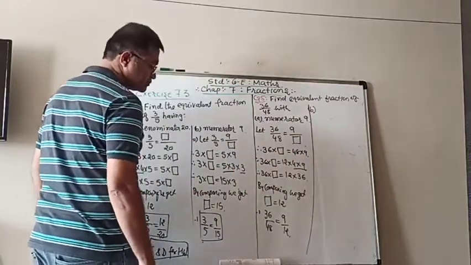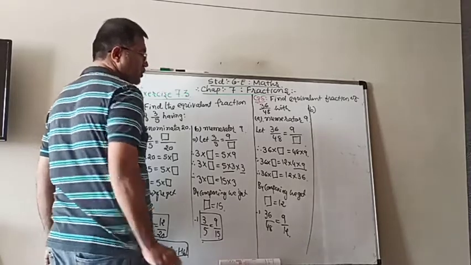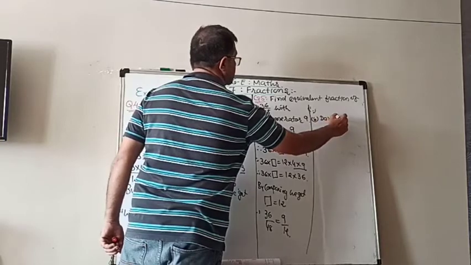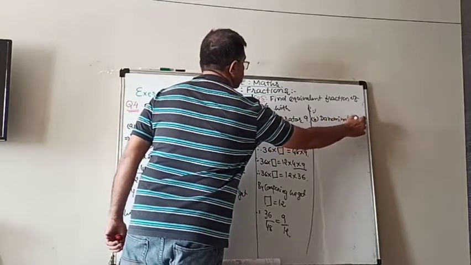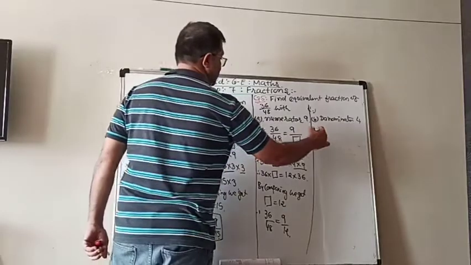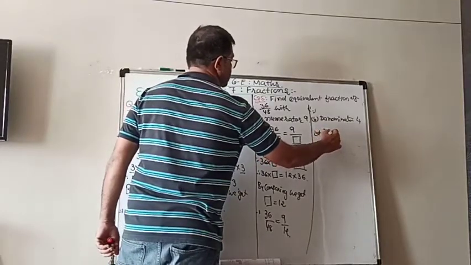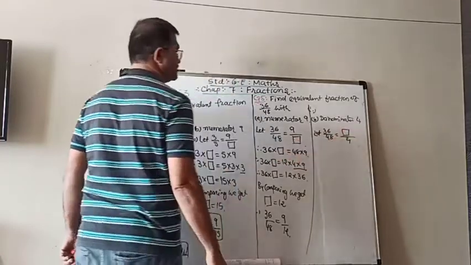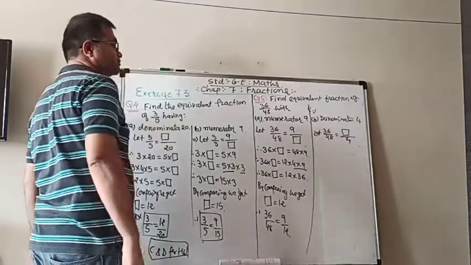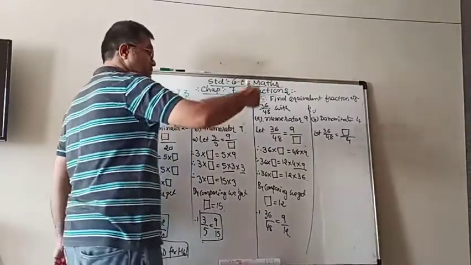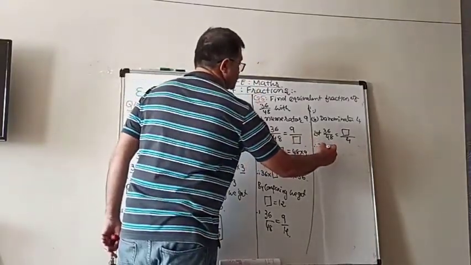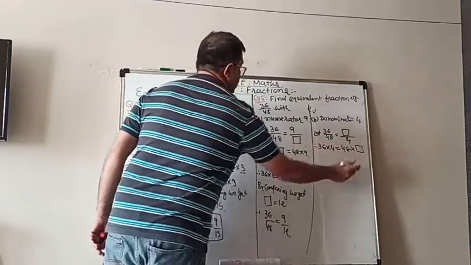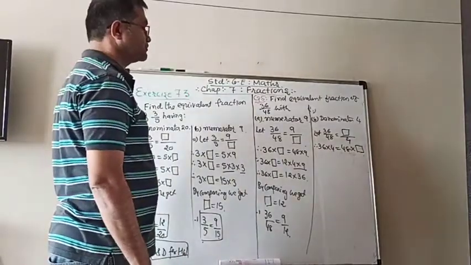Second one, B. B has denominator 4. So now denominator we have to take as 4. So let 36 upon 48 equal to box upon 4, the box will be there on the numerator. So now same thing, we have to do the cross. So 36 multiplied by 4, 48 multiplied by box.